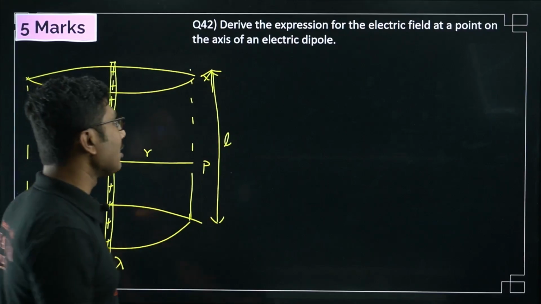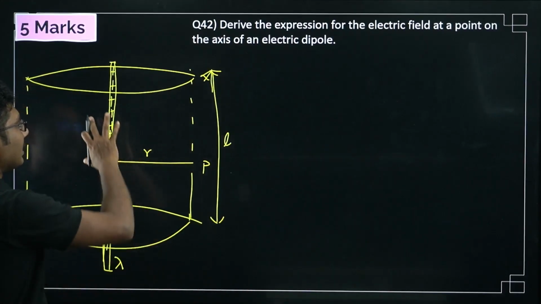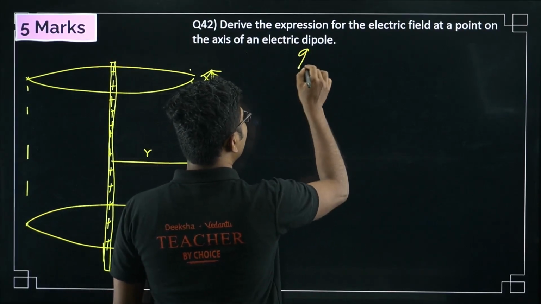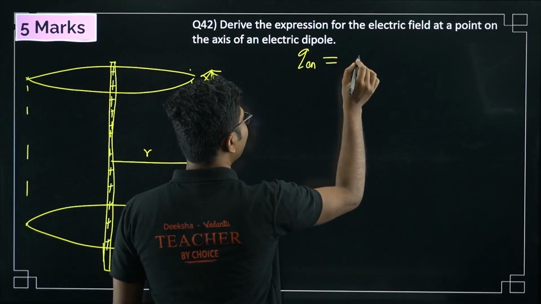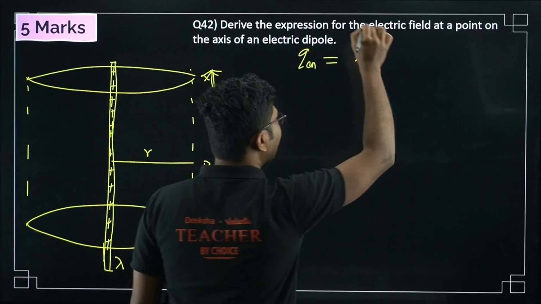Now how to do this? First you have to apply Gauss's law. You have to consider the total charge enclosed by the surface. The total charge enclosed by the surface is charge per unit length into the length.